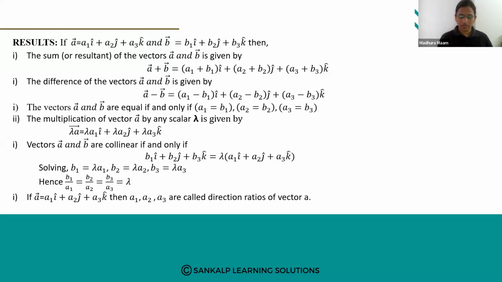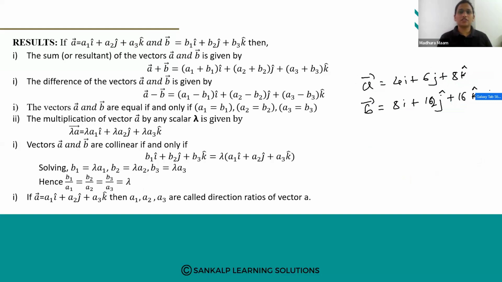Okay, so for example, if I take 4i plus 6j plus 8k, and I take one more, I want to check whether these vectors are collinear. So what do we check?